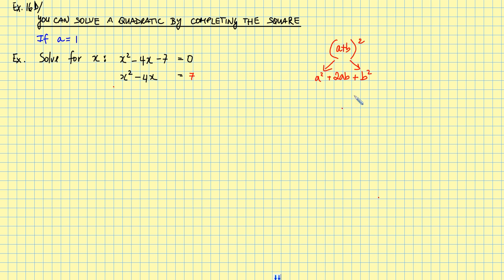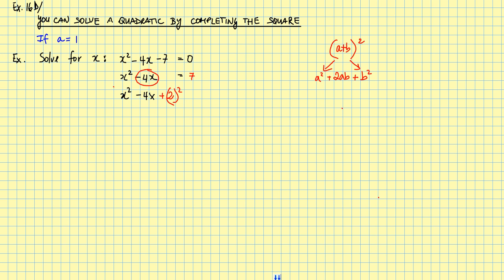Now in the completing the square process, we squared the first, we squared the last, and we took the product of the two terms and multiplied by 2. So when I am doing the x squared minus 4x, I'm taking the left-hand side and creating a perfect square. Instead of multiplying the middle term by 2, I'm going to halve it. So x squared minus 4x, and now I take half of the 4 and square it, so this goes to plus 2 squared.